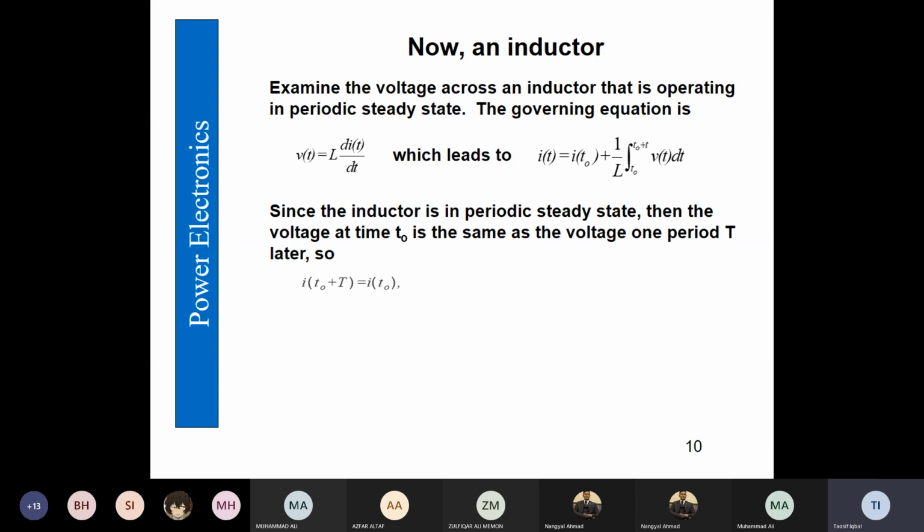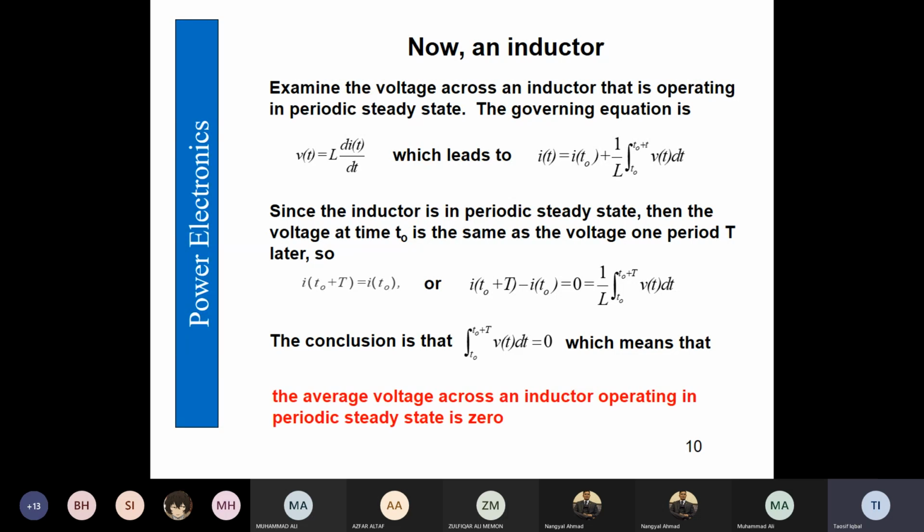Similarly, for the inductor, when we change current, there is a huge voltage spike because of the inductor. So on average, when the inductor is charging or discharging, the voltage appearing across the inductor, positive or negative, should average 0.